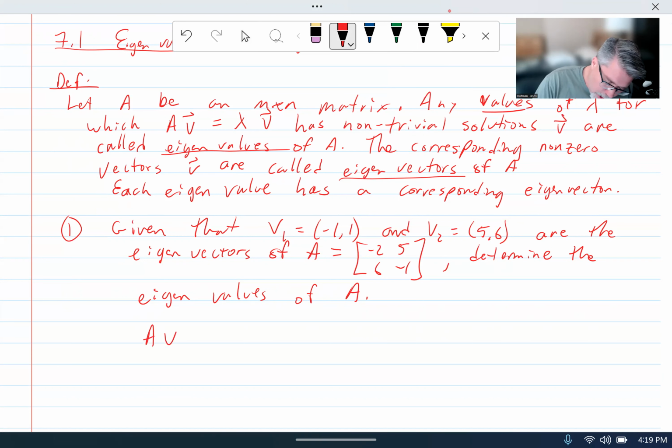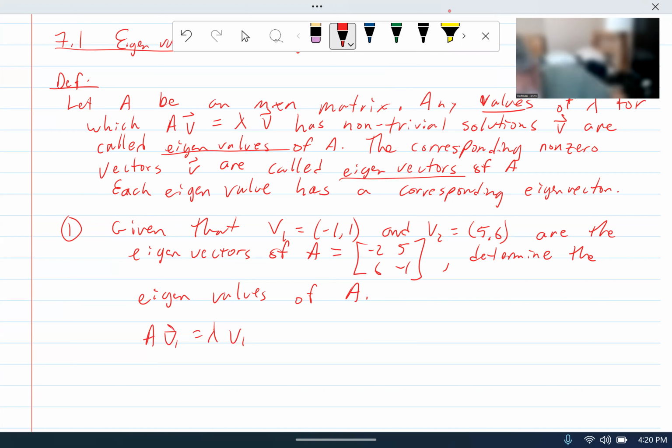So AV1 is equal to lambda V1. Right? A times V1 is equal to lambda times V1. And lambda is just a scalar. V1 is a vector.